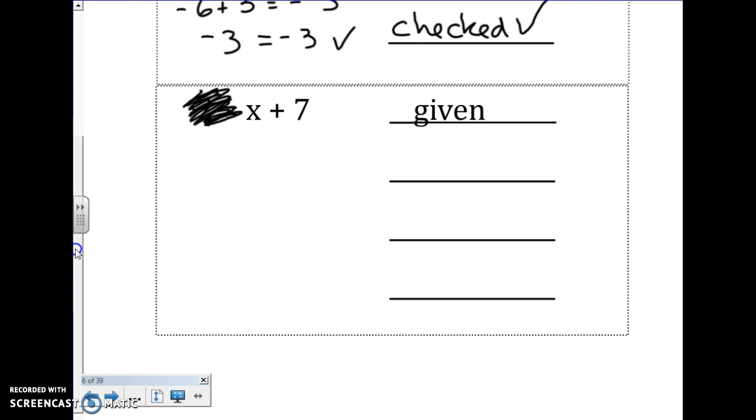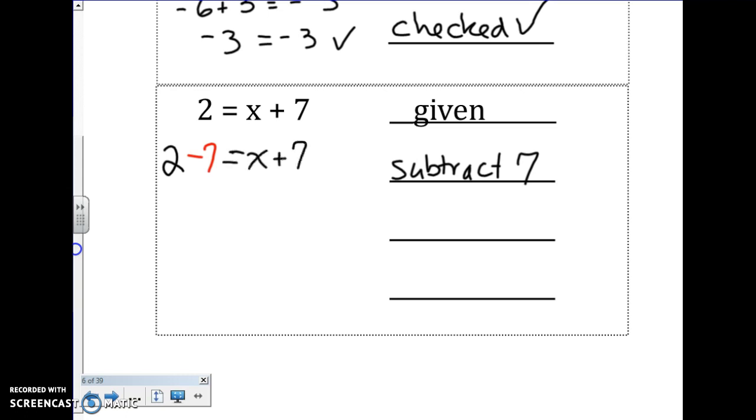Well, 7's being added, so I'm going to erase that. So I need to subtract 7 from both sides to get that x isolated. So I've got 2 minus 7 equals x plus 7, and there's that minus 7 again, because I have to do it to both sides.